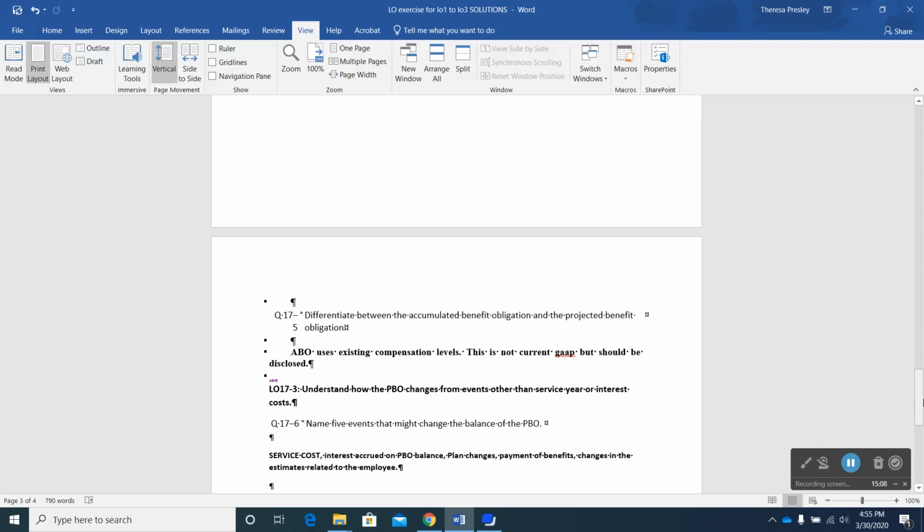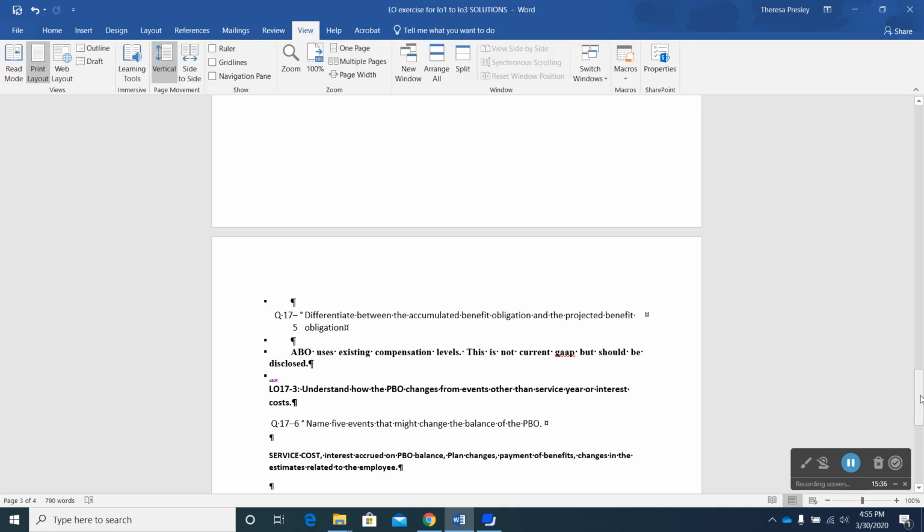That's ABO. Now that is not the way they would be paid. They're going to be paid based on an estimate of their future salary. And so therefore, using ABO calculations, which doesn't use future salary but uses existing compensation, is not GAAP. We are going to always use PBO in here.